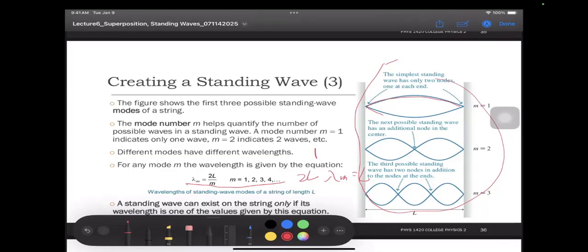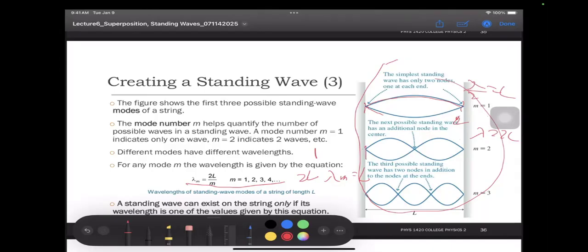For example, this one is L, so the lambda equals L. It's a similar equation, am I right?